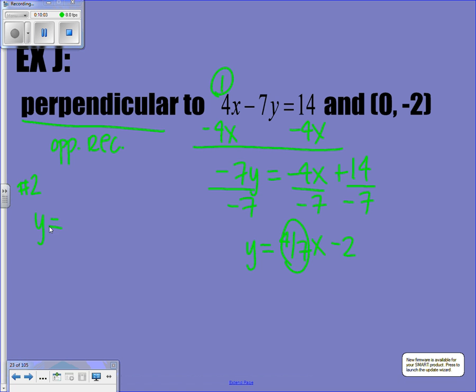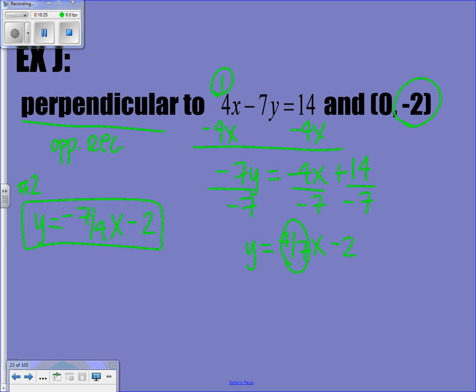So I'm going to have a negative, and then I'm going to flip it to make it 7 over 4x. So the opposite reciprocal, so change the sign is the opposite part, so I made it negative, and reciprocal means to flip it. So 4/7 became 7 over 4. And then it wants a y-intercept of -2 right here. So then I have -2 at the end.